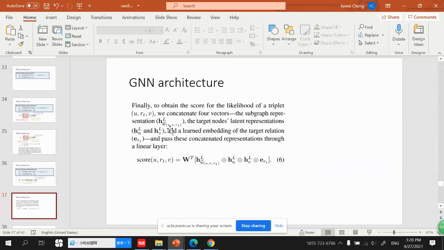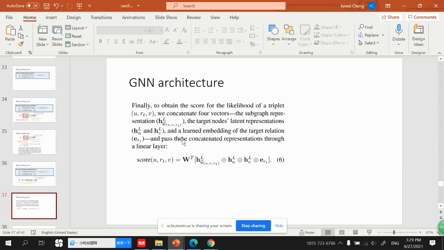In order to get the embedding of the subgraph representation, we average all node embeddings in this subgraph, and then use that to represent the whole subgraph.